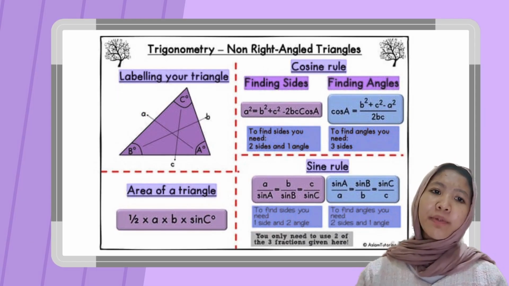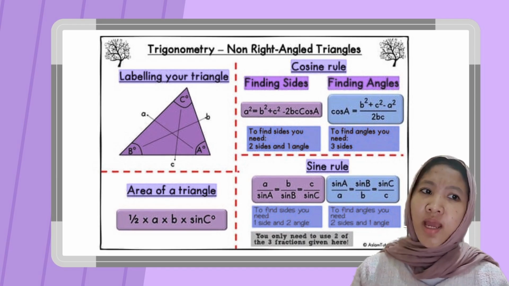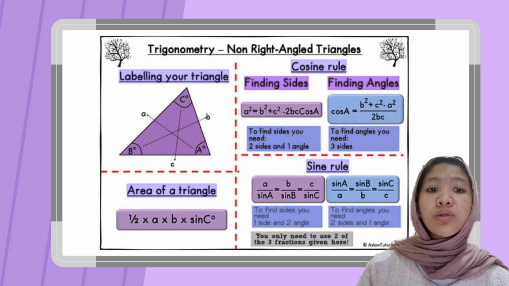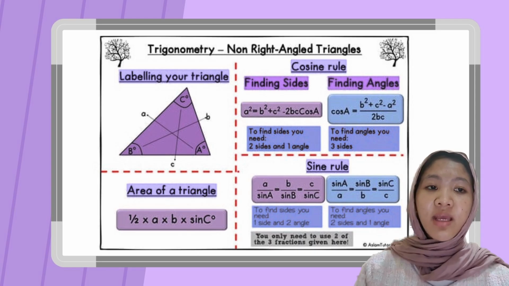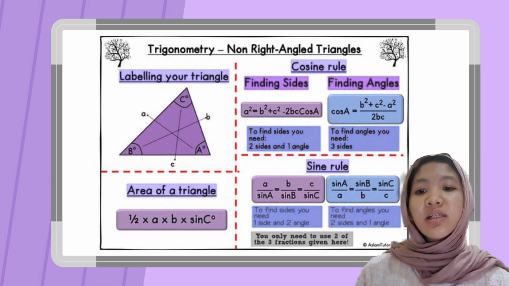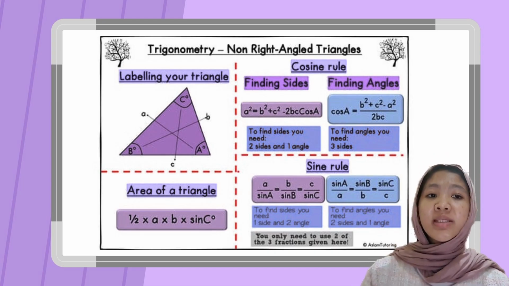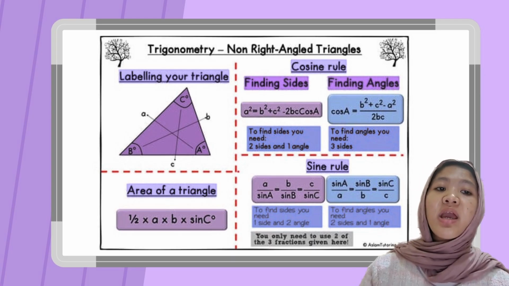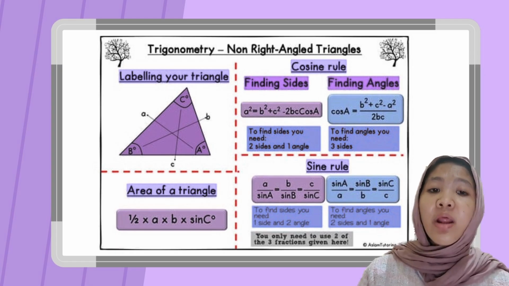But what happens when we are not working with a right-angled triangle? In this case, we apply more advanced laws to resolve the triangle dimensions, the cosine rule. Finding sides, the formula is a squared equals b squared plus c squared minus 2bc cos A. To find sides, you need two sides and one angle.